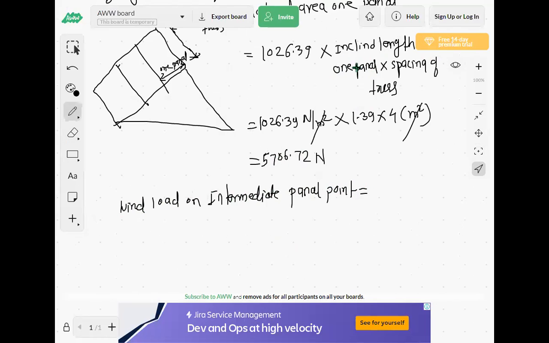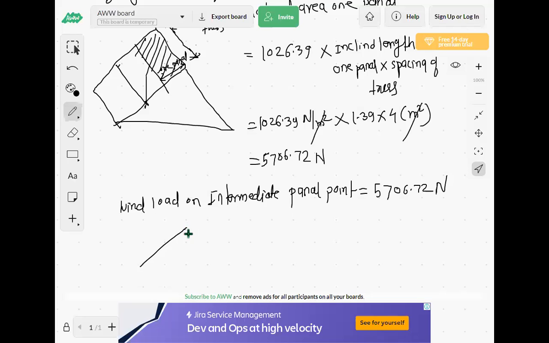So we have calculated here load on only one panel, inclined length of one panel. So we have calculated this wind pressure on only this area. So on this point, wind load on intermediate panel point is now here 5706.72 न्यूटन. कारण का आपण एवढ्याच ह्याच्यावरचा एरियावरचा आपण लोड कॅल्क्युलेट केलाय.